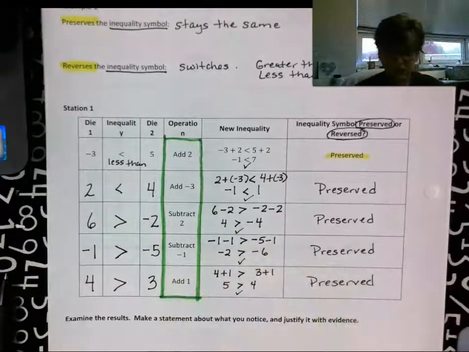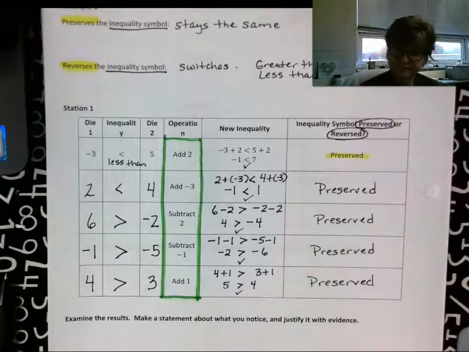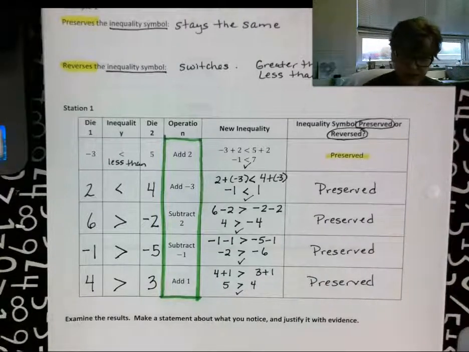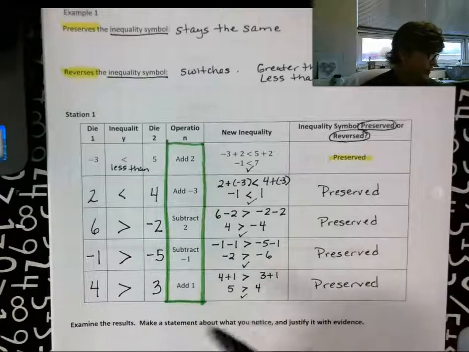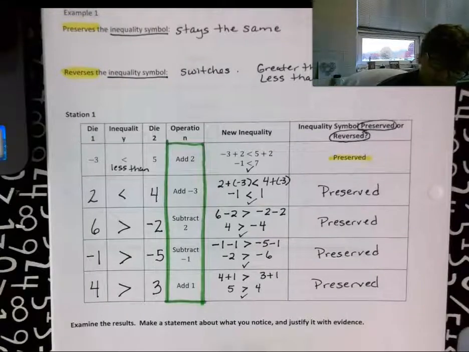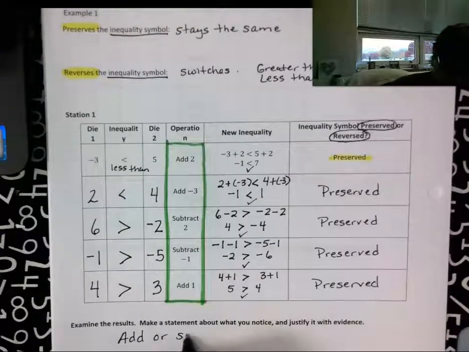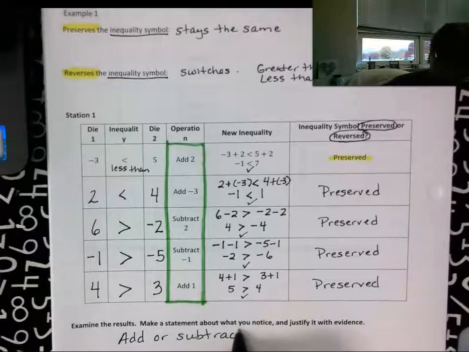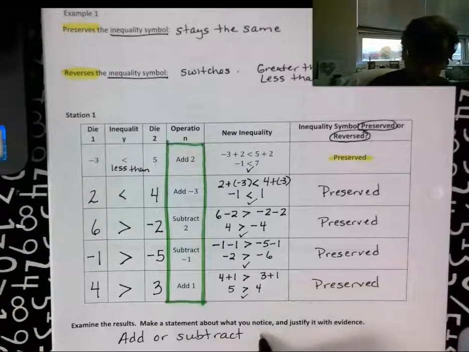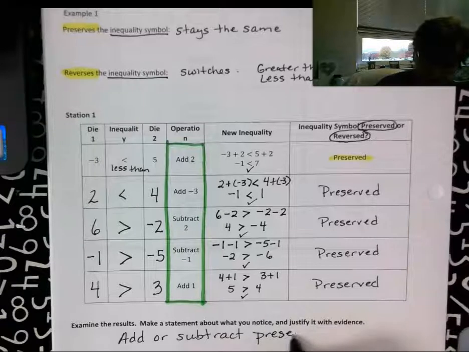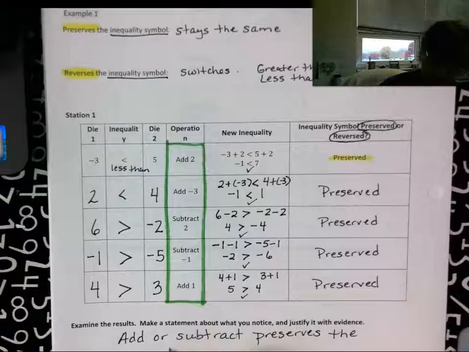What operations were we using? That's correct, addition and subtraction. So hopefully you were able to come up with an observation here that if you add or subtract, it preserves the inequality symbol.